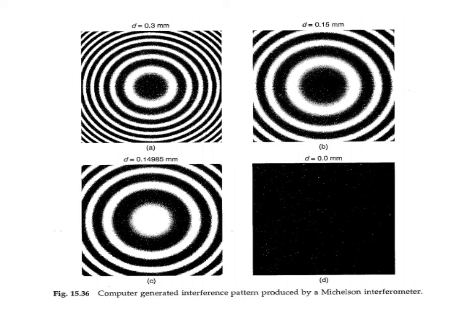These are 4 different figures for which d is different. d is approximately x1 minus x2. The first figure, which is A, is for a distance of 0.3 millimeter, and B is for 0.15 millimeter. C is for d equal to 0.14985 millimeter, and the last for d equal to 0. And this will be explained later.